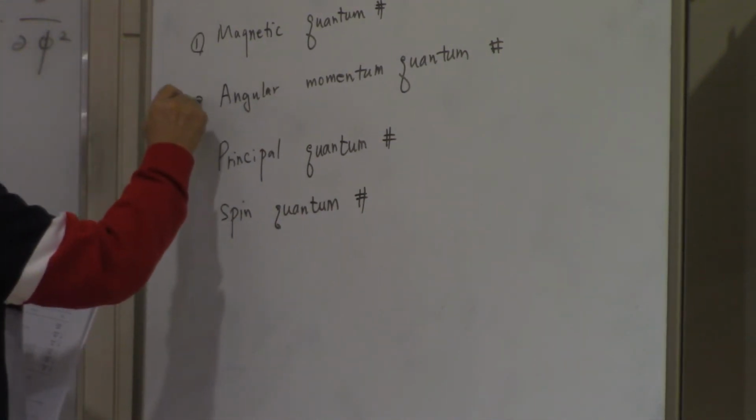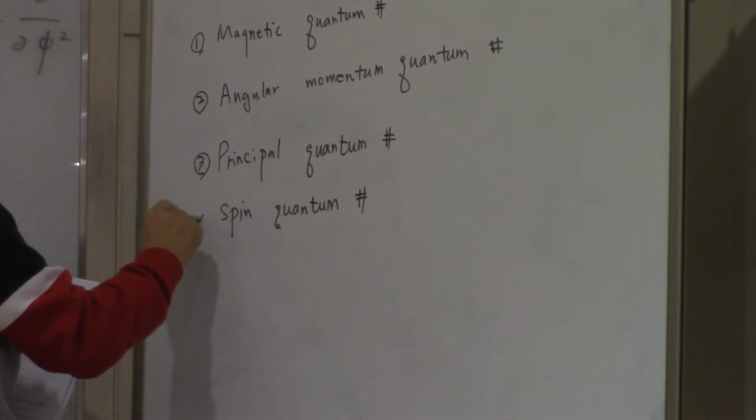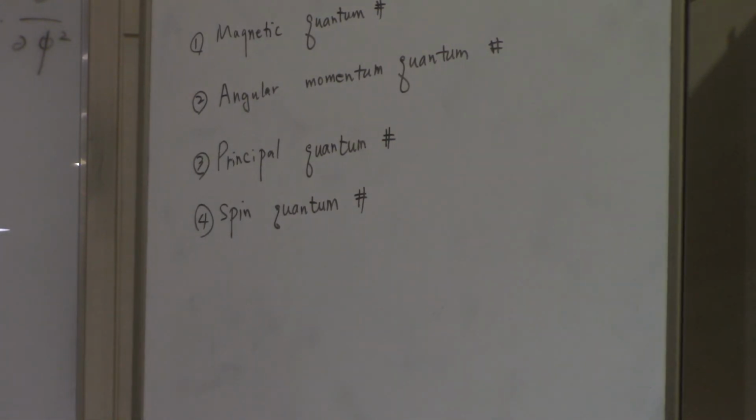So actually, we are going to get those 4 quantum numbers out of the Schrödinger equation solutions.